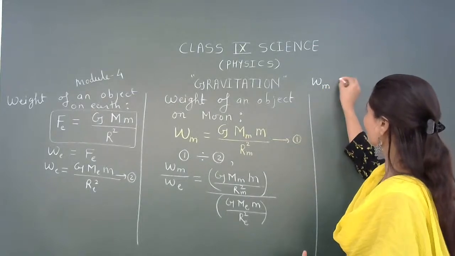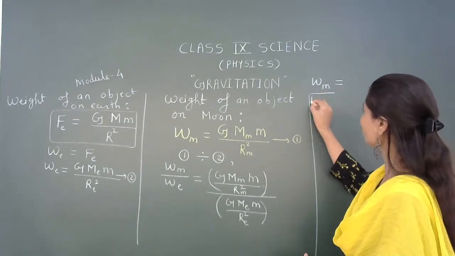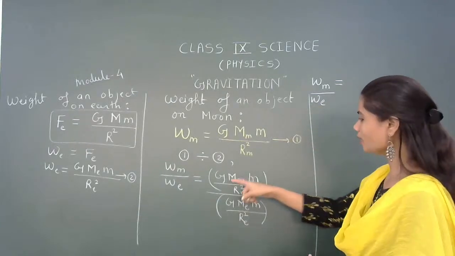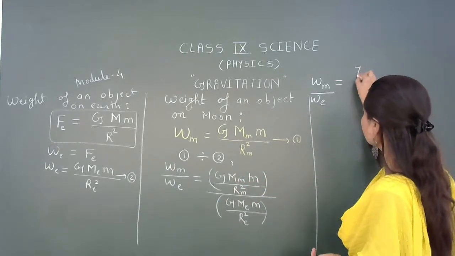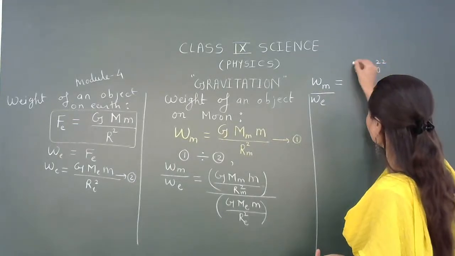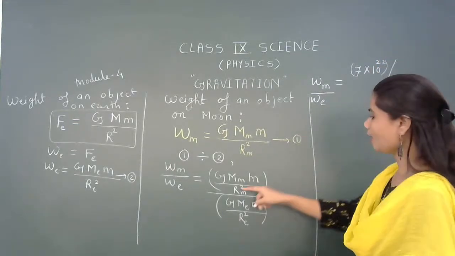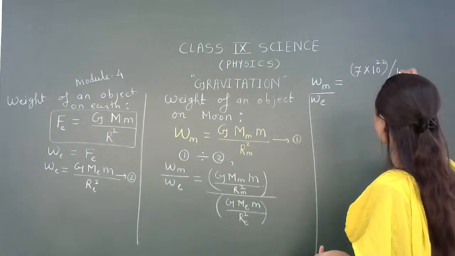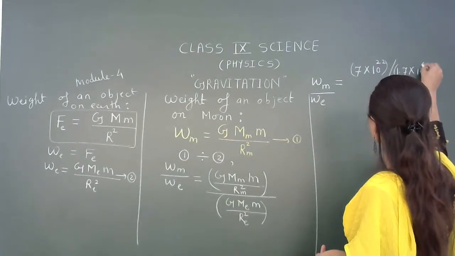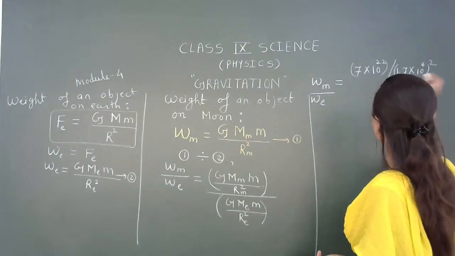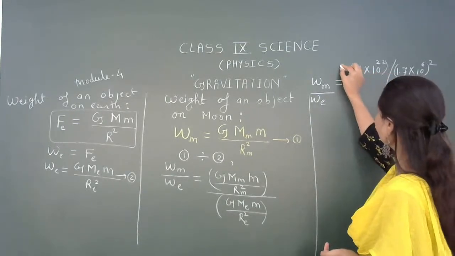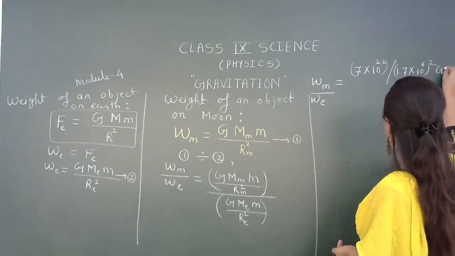Weight of any object on the moon upon weight of the object on Earth is equivalent to, put the value of the mass of the moon, it is 7 into 10 to the power 22, divided by the radius of the moon, 1.7 into 10 to the power 6, whole squared. Can you see here, in terms of capital G and small m?